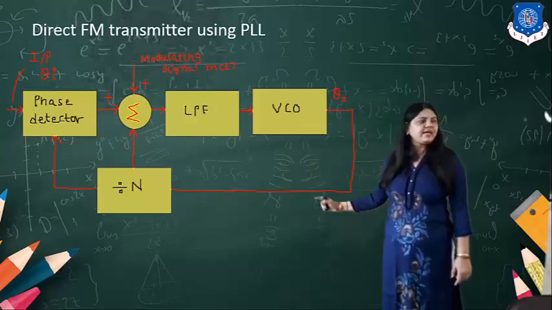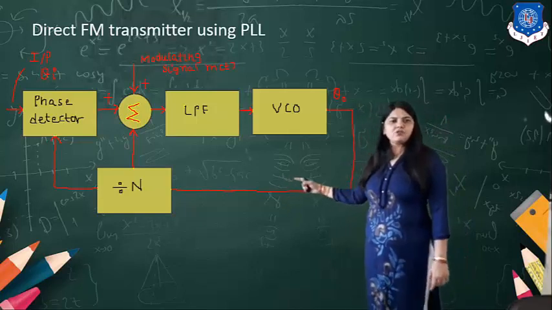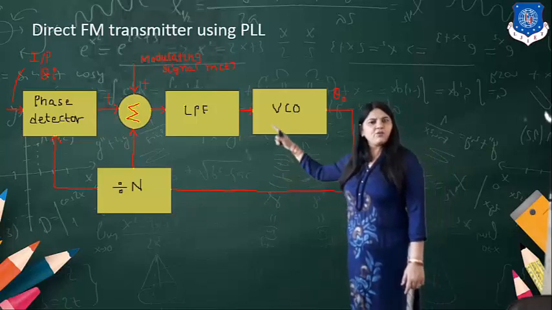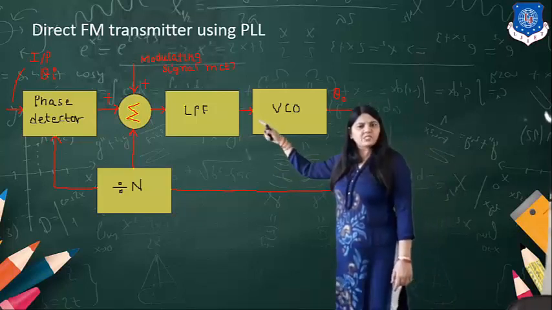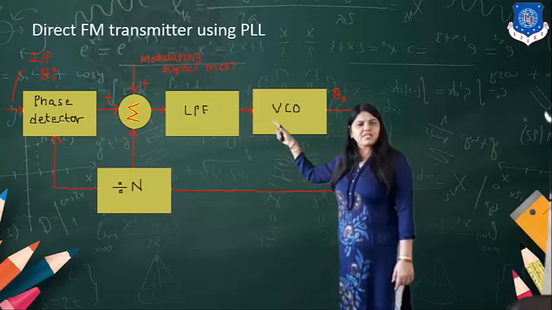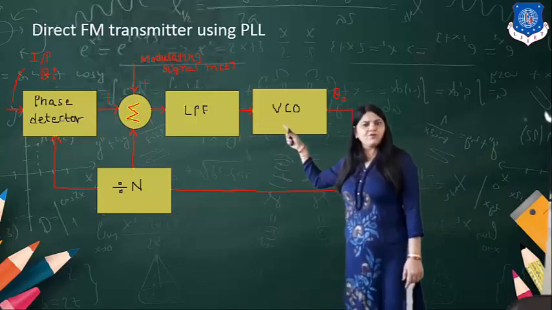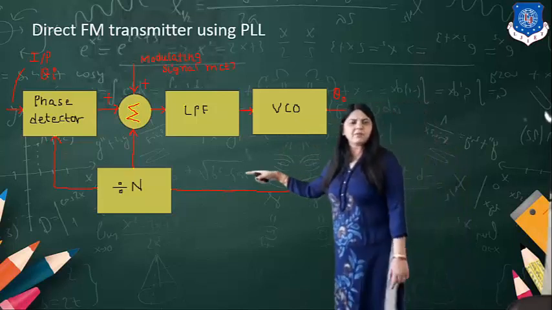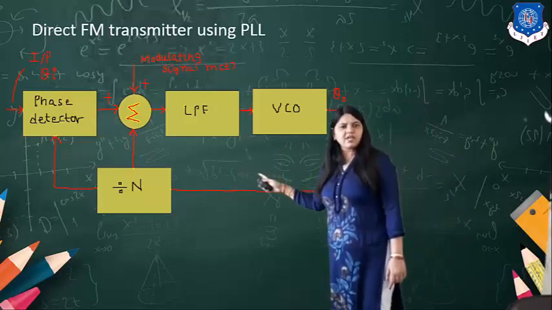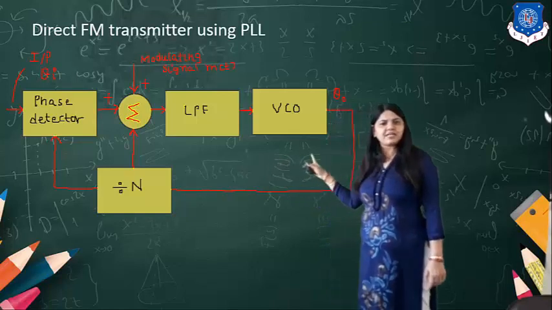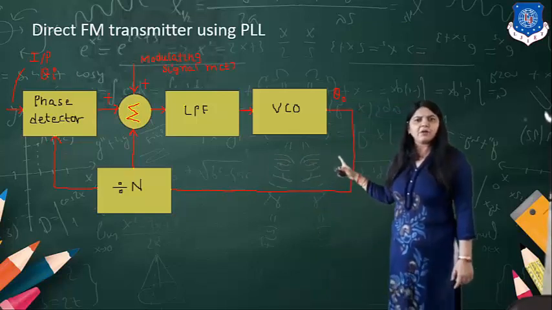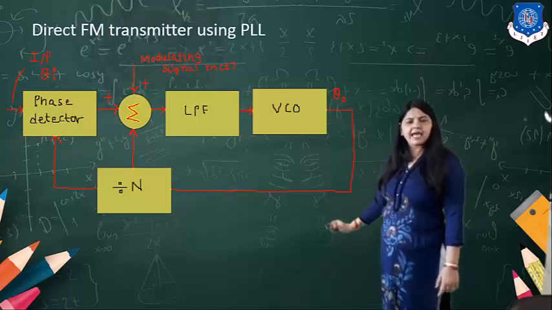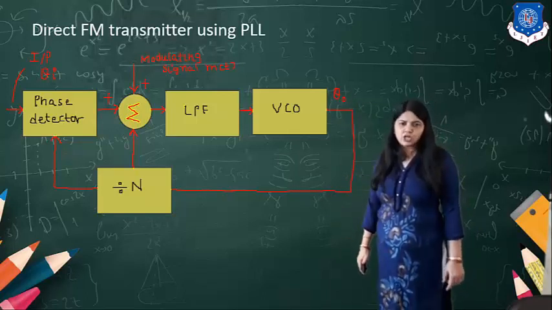At that time, the output of this PLL remains constant. Now with the low pass filter output, the VCO frequency offset can be changed, and due to that the phase can also be changed. This way, using the direct FM transmitter, we are able to change the phase. It is the PLL, phase locked loop.